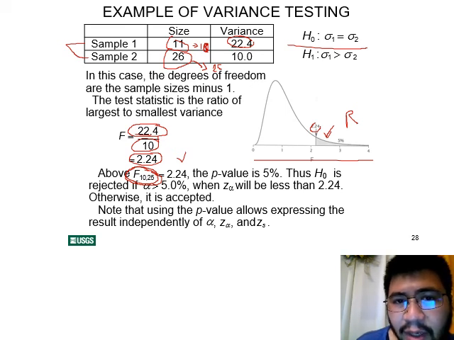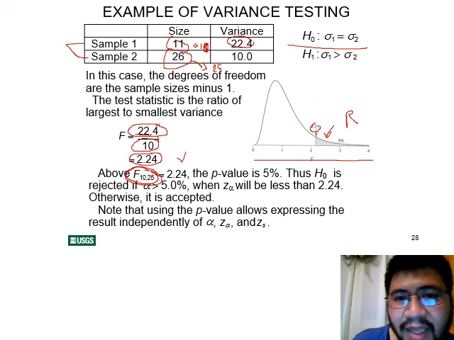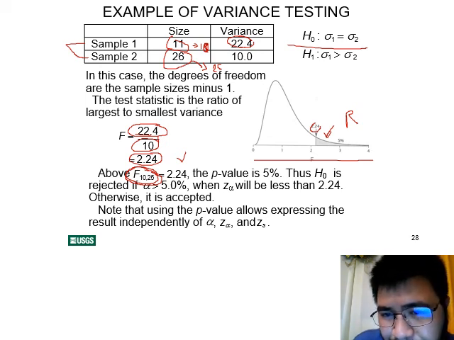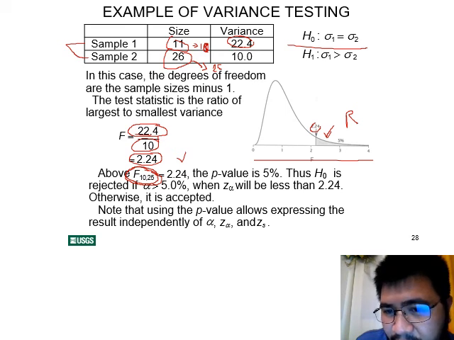And then we also plot the alpha. So the level of significance is 5%. Again, we have to integrate this area and find the location where the cumulative probability is 5%. So this is around here.